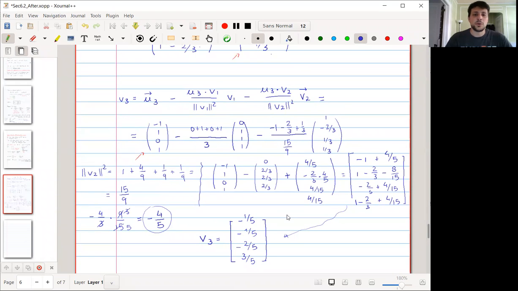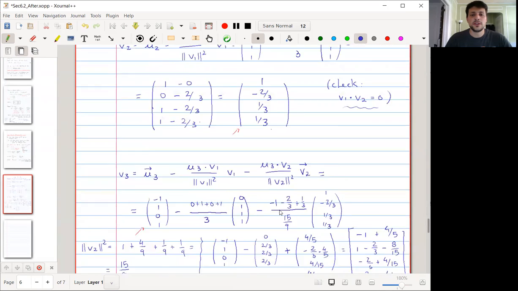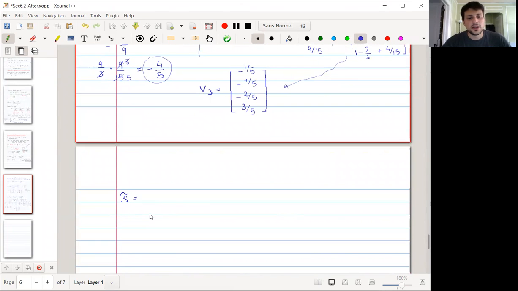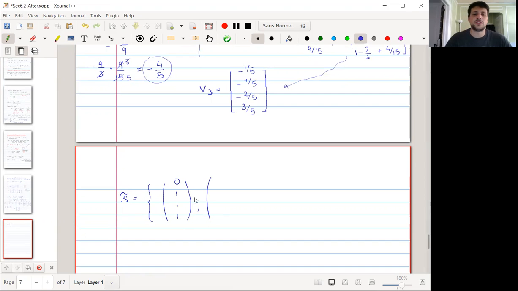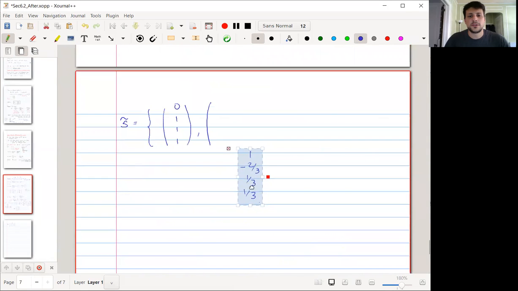Okay, so let's wrap this up. We have these new vectors here. So the newly found orthogonal basis will have vectors 0, 1, 1, 1. This is one of the ones that we started with. Then the second vector will be what's written here. That's what we called V2.